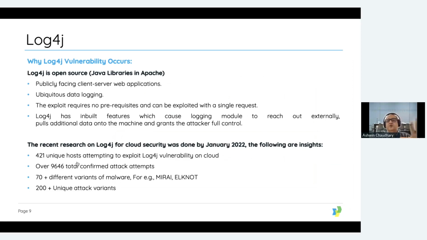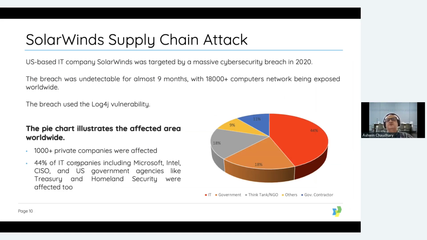And it's an open source issue, and we will focus more on open source software and open source technologies during our entire discussion today, because that's one of the key focus areas concerning cloud supply chain. Now, one of the major attacks, a major news item in 2020, was the SolarWinds supply chain attack, right?